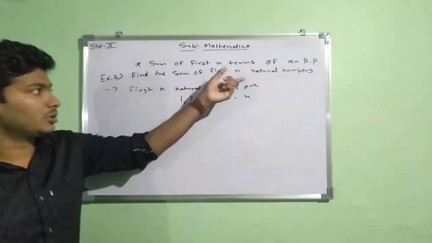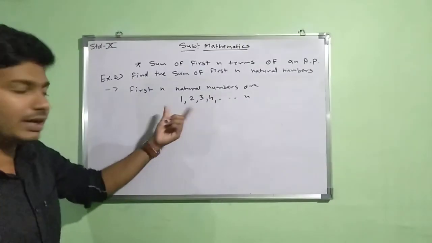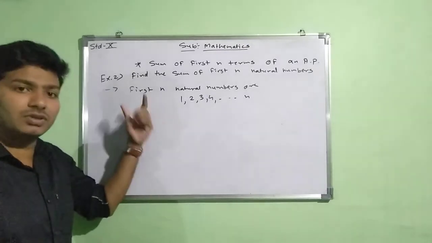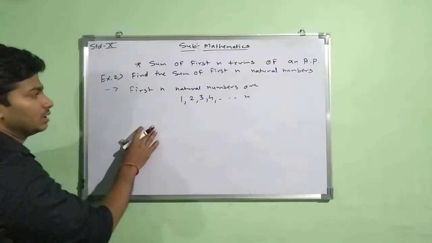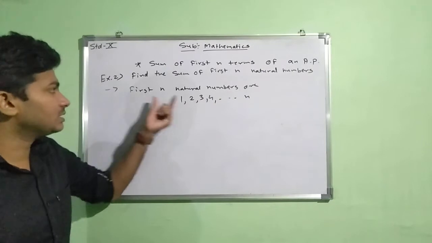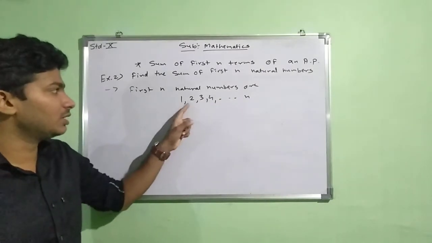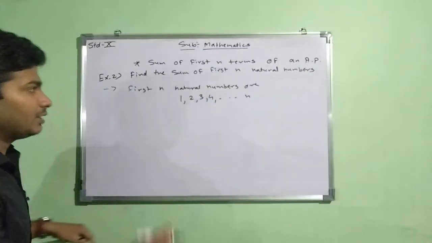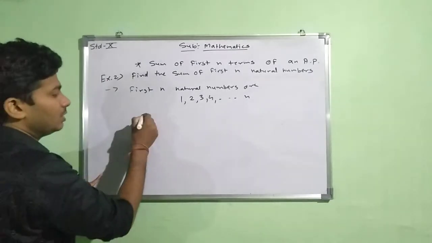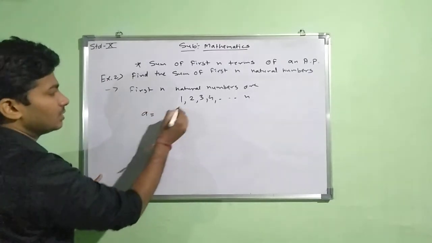Now we have to find the sum of these n natural numbers using our formula. You can either use the formula we just saw, or the one we saw earlier. This is our arithmetic progression, 1, 2, 3, 4 and so on up to n. As we have to use our formula, the value of a is 1.